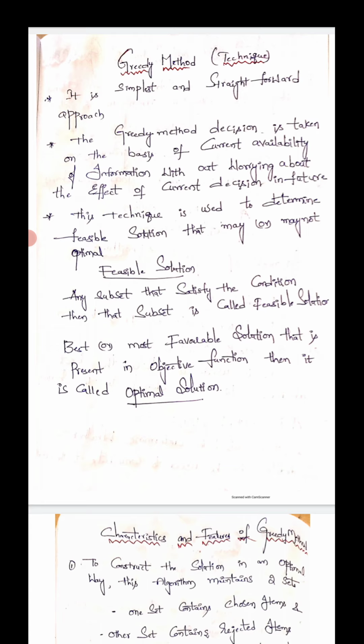First of all, we have to learn about a feasible solution. What is a feasible solution? If we have a problem with n inputs, it will have some constraints, that is, some conditions.